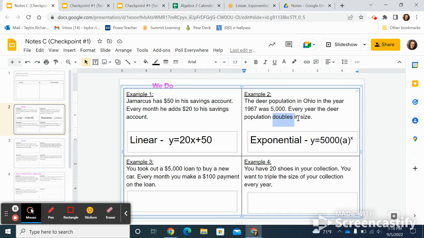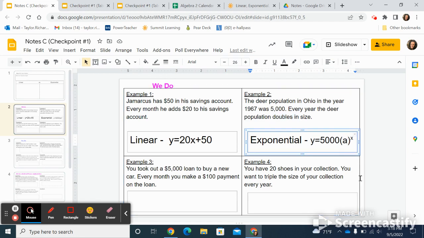I know that's not like a clear-cut number, but you have to ask yourself, when you're doubling, what number are you multiplying by? Hopefully you know that when you're doubling, you're multiplying by 2. So that's my rate of change. So this is saying, starting with 5,000, doubling every year, multiplying by 2. So again, this equation matches this word problem.